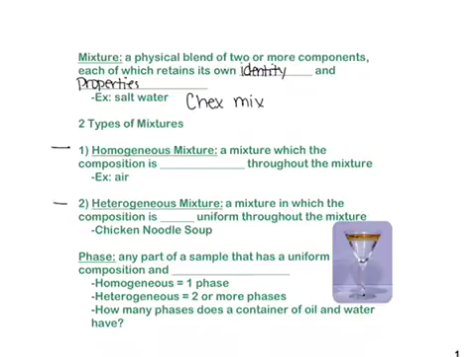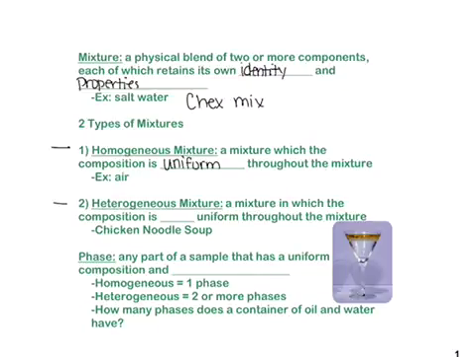It has the Chex pieces, it has the garlic chips, it has the breadsticks, it has the pretzels. And so when they all get mixed together in a bag, a pretzel's still a pretzel, even when it's part of Chex Mix.